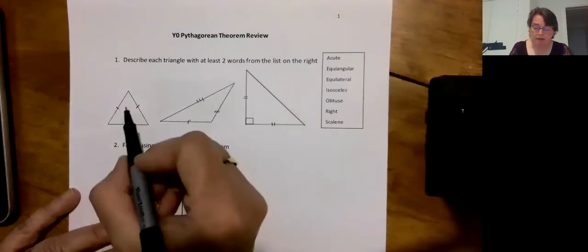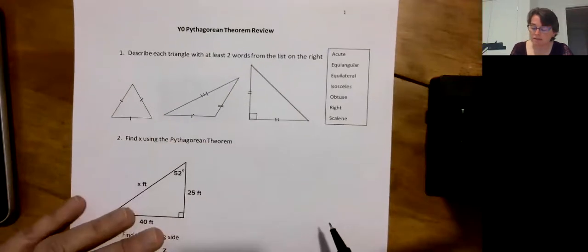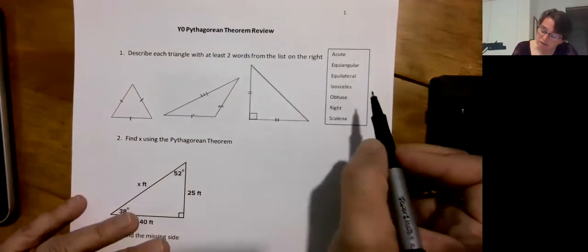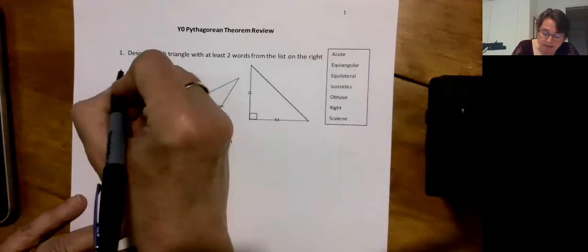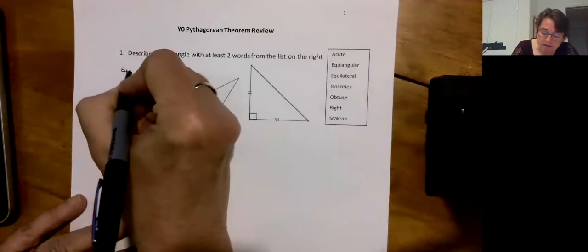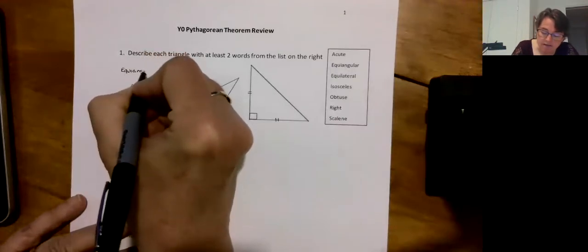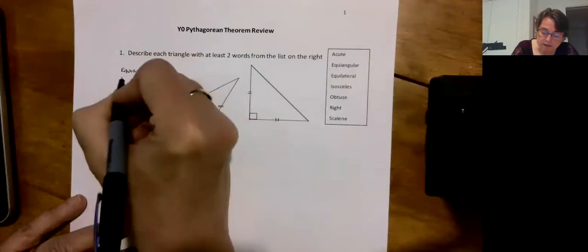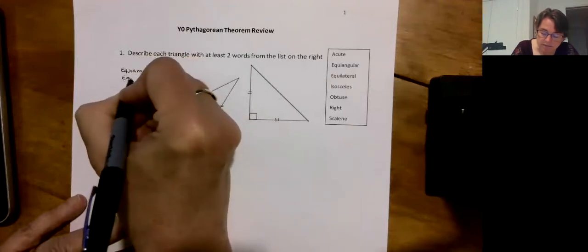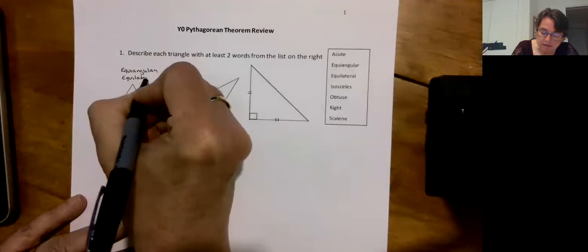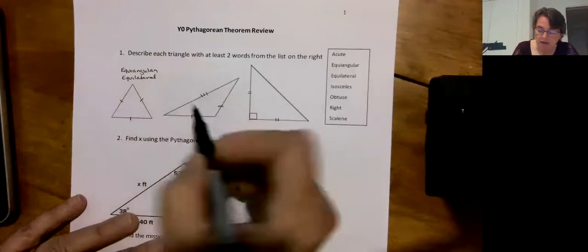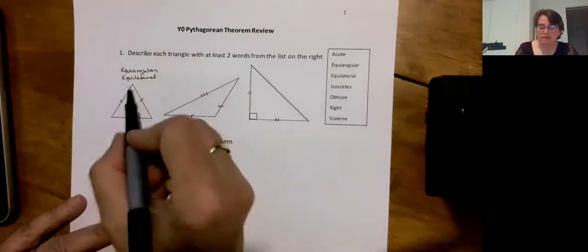So now that you know all 3 sides are the same, you could call this an equilateral triangle. Equilateral is all 3 sides the same.